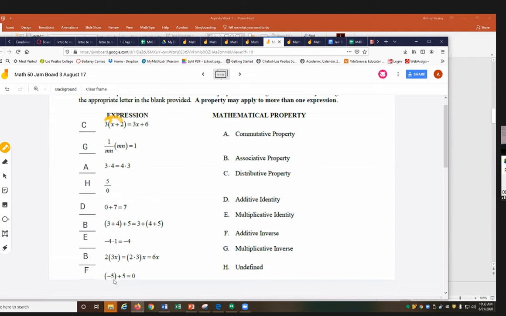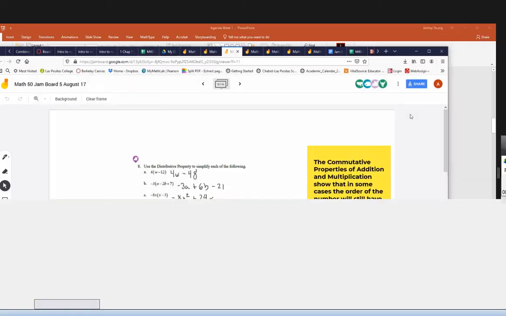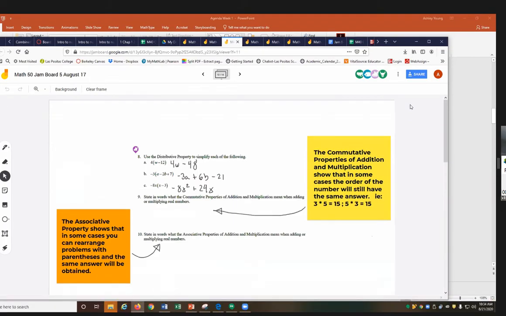Perfect. Nice. Great. And then last we have group 5, doing the last problem. For problem number 8A, I take the 4 and I distribute it, and I get 4W, and 4 times negative 12 is negative 48, so 4W minus 48.